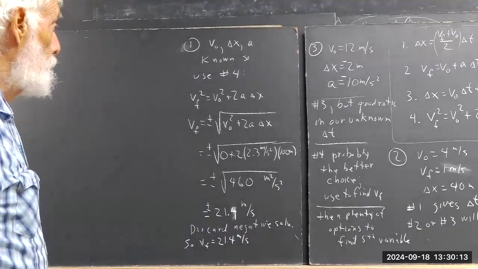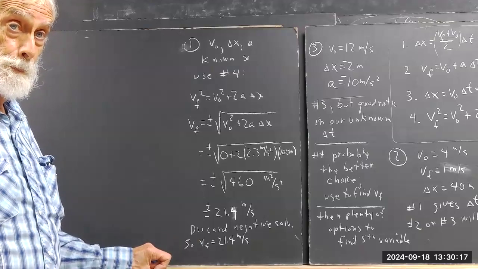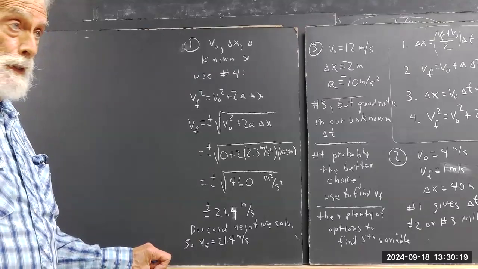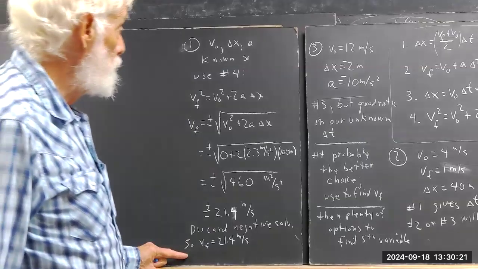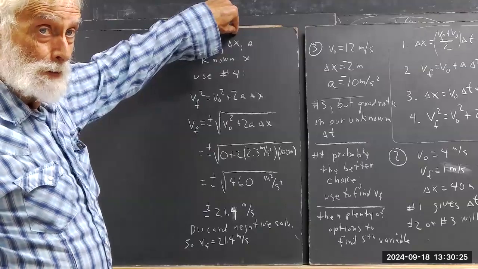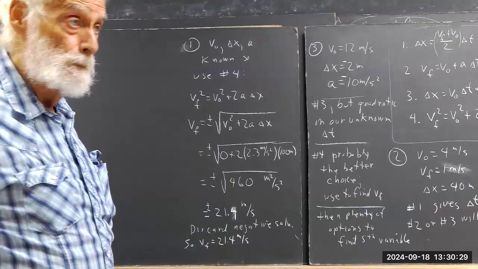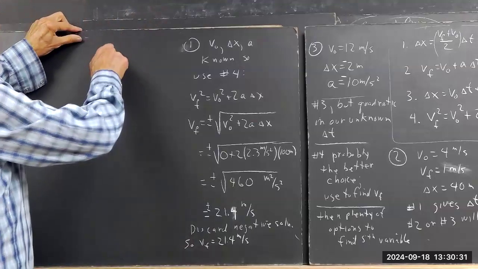Well, now we know V naught and VF, so we can find the average velocity, right? And once we have the average velocity, we know the displacement, so we could easily find the time without having to use a formula, right? So I'll just put it in parentheses.